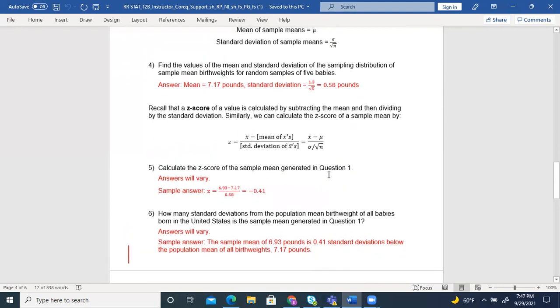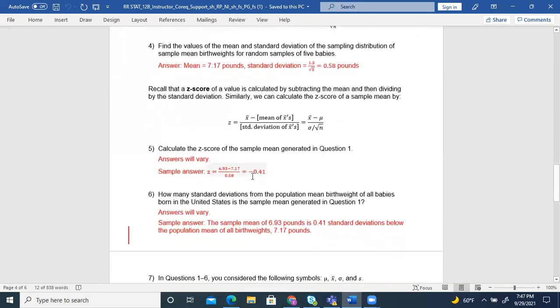Calculate the z-score of the sample mean generated in question 1. In question 1, the mean is 6.93. To standardize, we subtract 7.17, which is the mean, and divide by the standard deviation for the sampling means. Now we get negative 0.41. How many standard deviations from the population mean birth weight of all babies born in the United States is the sample mean generated in question 1?